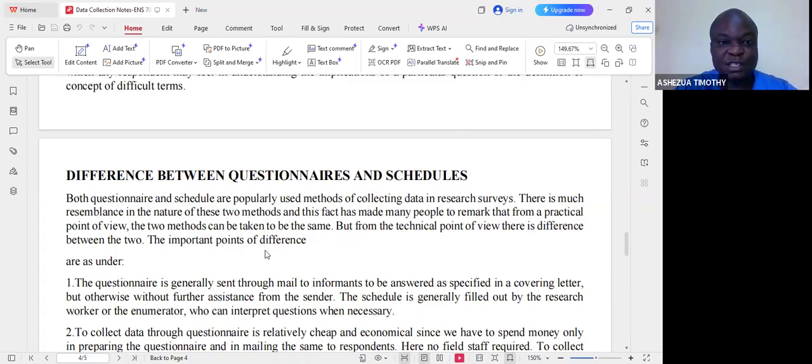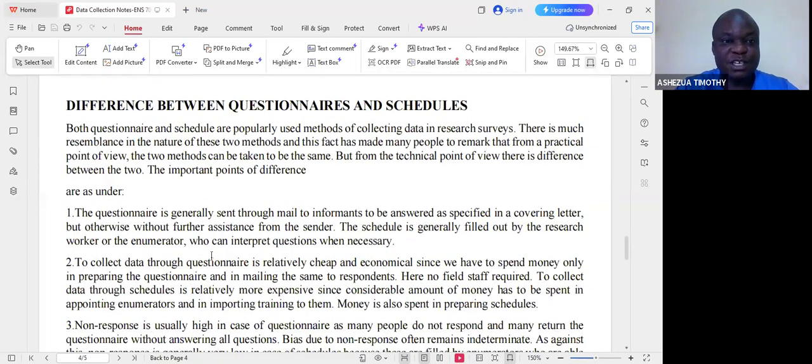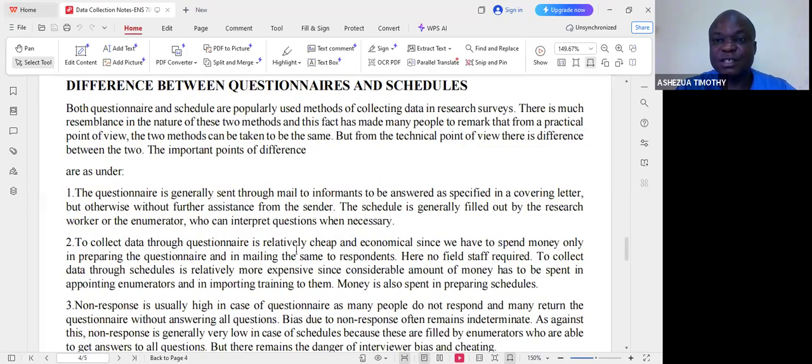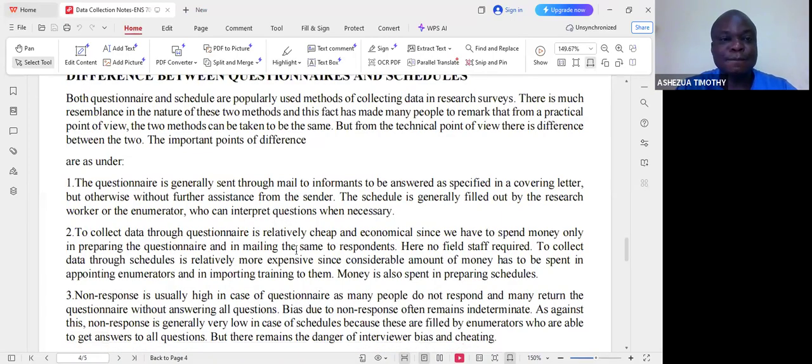The two important differences are as follows. The questionnaire is generally sent through mails to informants to be answered as specified in the covering letter, but otherwise without further assistance from the sender. The schedule is generally filled out by the research worker or the enumerator who can interpret questions when necessary.